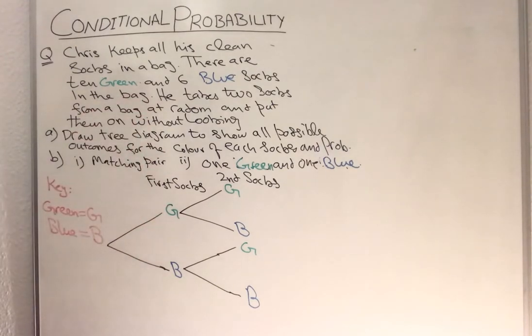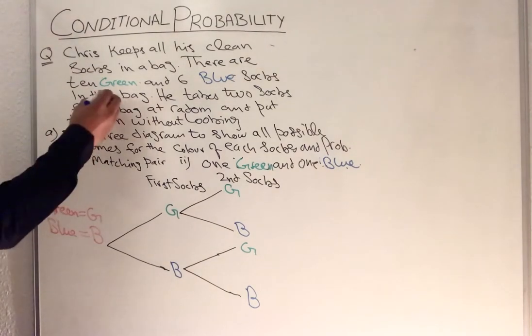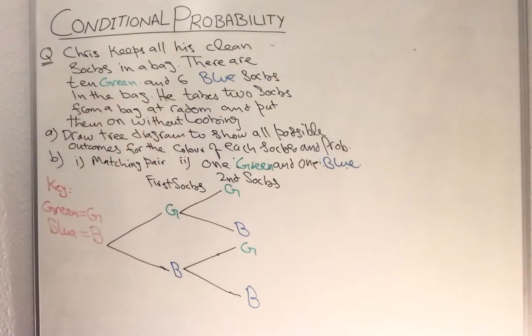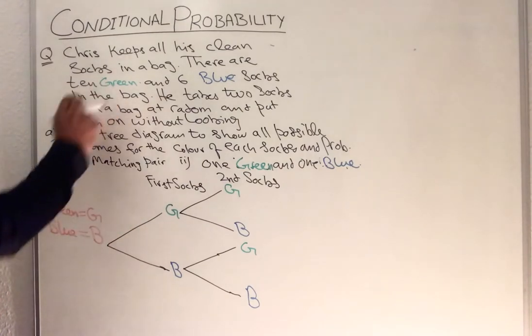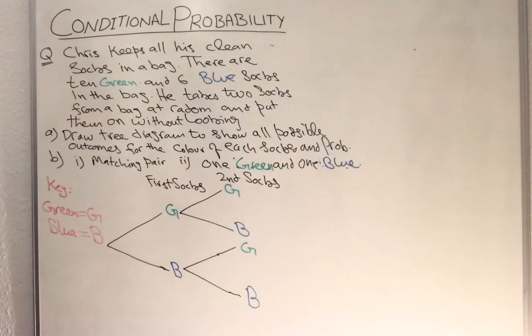So what should the probability of green be? What is our total? Total 10 and 6, we get 16. What is the probability of green out of 16? We can say 10 green socks out of 16.